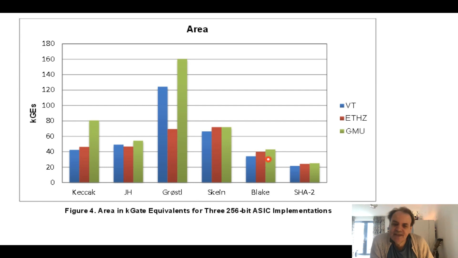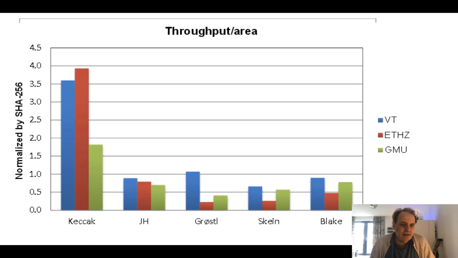Unfortunately, at the time, it didn't win, but Blake2 has come along, and that's vastly improved its performance. But you can see these methods here struggled a little bit for the size of the area that the implementation took up. Where Keccak really took off was in the throughput per area.